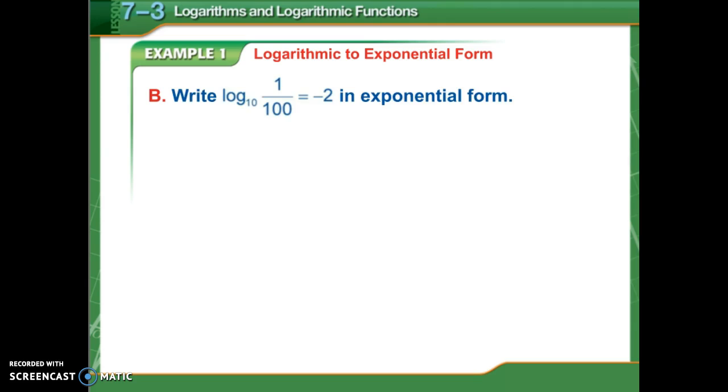Part B, we're going to write log base 10 of 1/100th equals -2 in exponential form. Again, this is as simple as saying 10 to the -2 power equals 1 over 100.